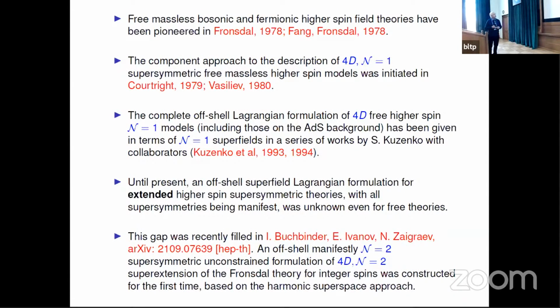What concerns supersymmetric high-spin models? In the bosonic case, massless bosonic and fermionic high-spin field theories without any supersymmetry were discovered by Fronsdal, and the fermionic case was considered in Fang and Fronsdal many years ago. What concerns the component approach to the N=1 simplest supersymmetric extension of this theory, it was initiated in a paper by Tom Curtright and Misha Vasiliev, also approximately at the same time.